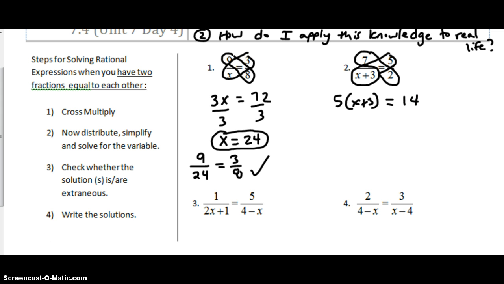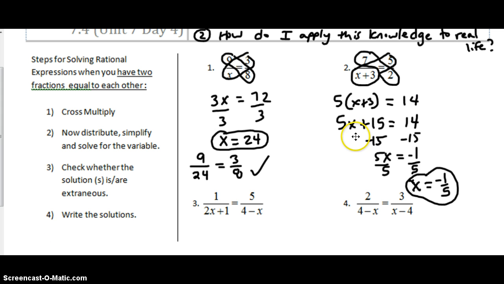When you multiply through and solve for x, you get 5x equals -1, so you divide by 5, and x is equal to -1/5. Now go ahead and check it. Plug -1/5 into x and see if you get a true statement.